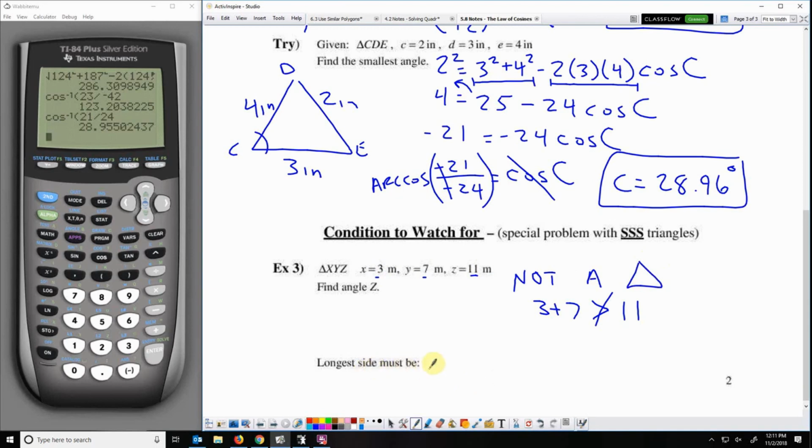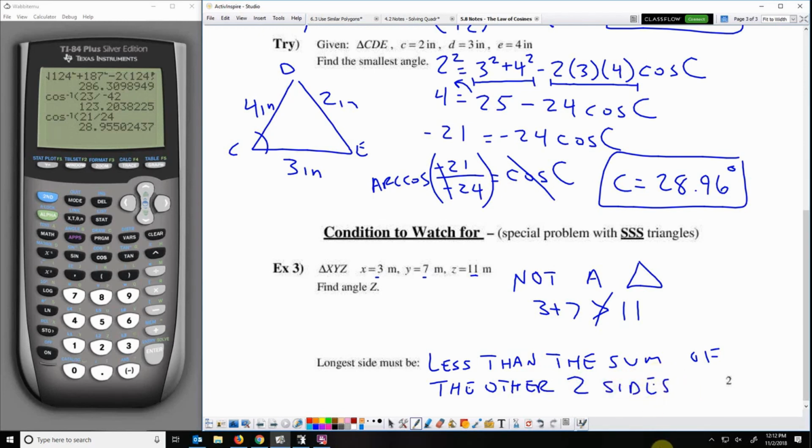The longest side must be smaller or less than the sum of the other 2 sides. And if it's not, then the 3 sides will never be able to close and form a triangle.